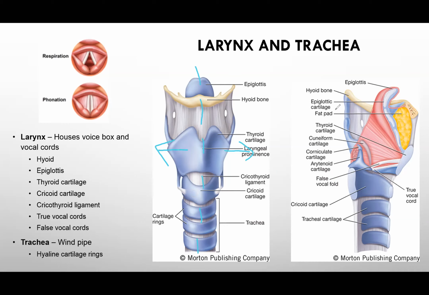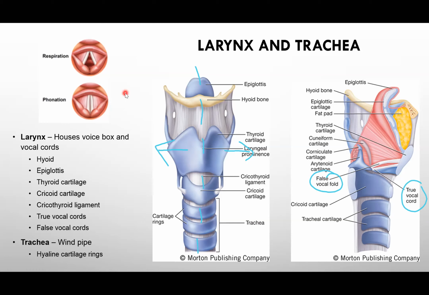So we're looking at the side angle, right down the middle of this left picture. And the vocal folds, the vocal cords: we have true vocal folds, which you can see there, and we have false vocal folds, which you can see there. The true vocal folds are the ones that are contracting and relaxing to help us produce sound.